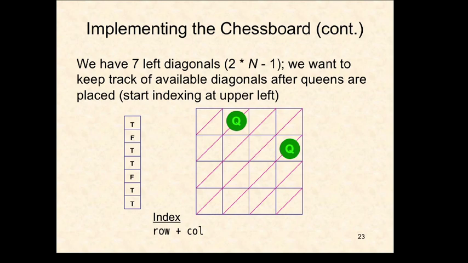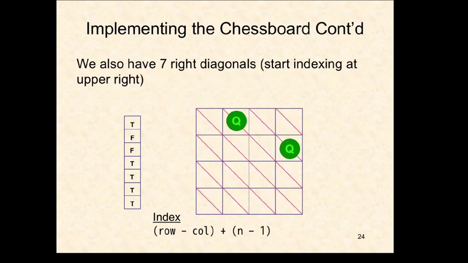So this is diagonal 0, 1, 2, 3, 4, 5, 6. That's how we number the diagonals. We start with the upper left diagonal. For example, here with those queens placed, we see diagonals 1 and 4 are marked as not being available, and all the other diagonals are available.